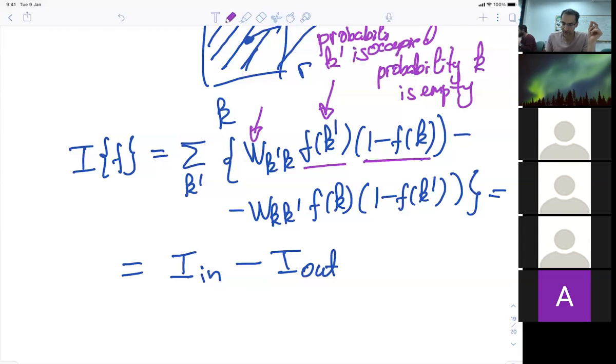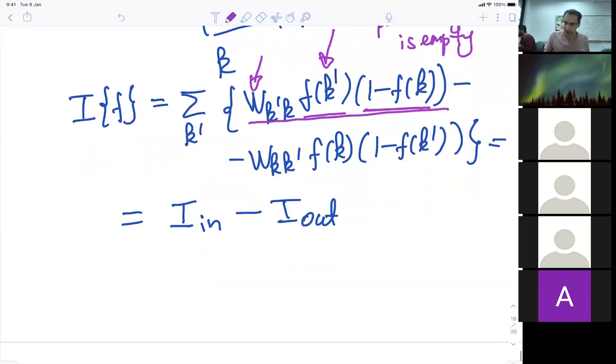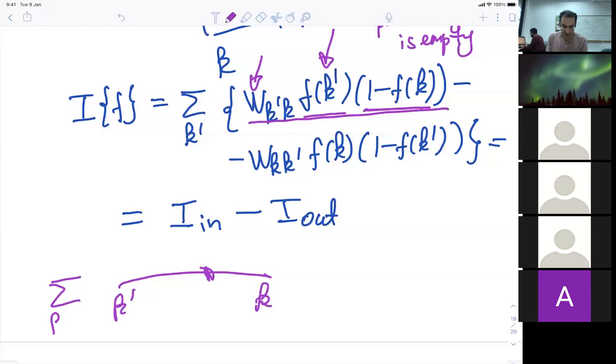So all these things together is a product of three independent probabilities. Probability to find state k empty, probability f(k') to find the state k' occupied, and the probability of transition from state k' to state k. So all these together is a probability of transition between state k' to state k. And there is a summation over all possible states k'.